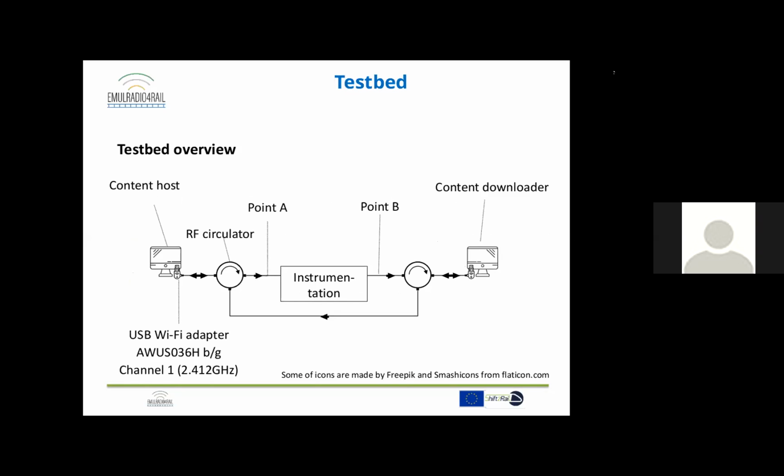So for the testbed, this is a really simplified figure. Mainly, we have two computers. They are communicating through the Wi-Fi protocol, and instead of having the RF waves, they will be linked through coaxial feeders.